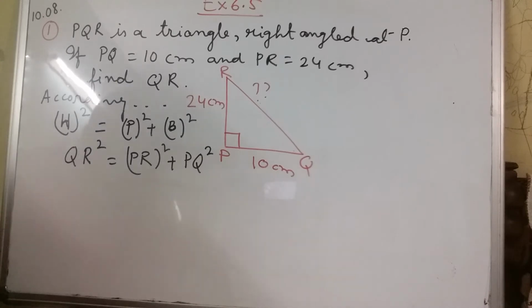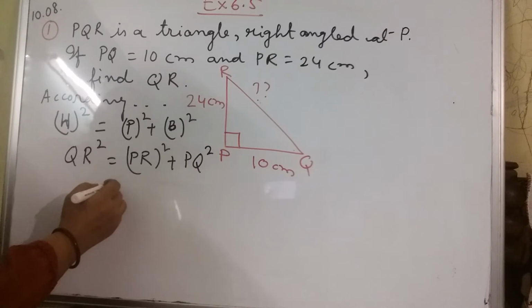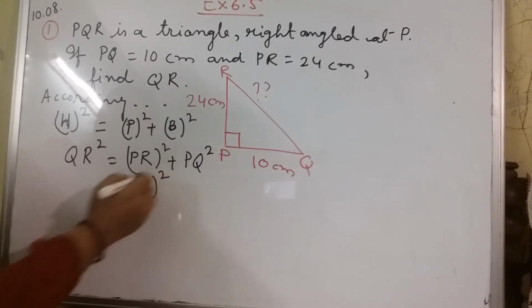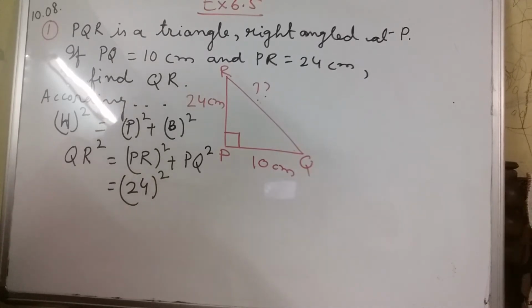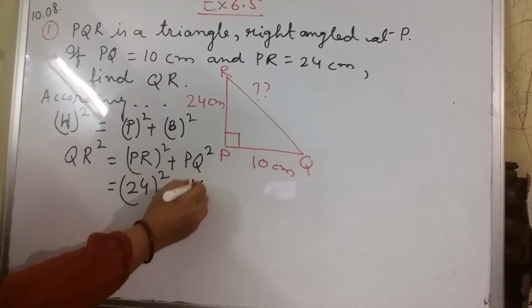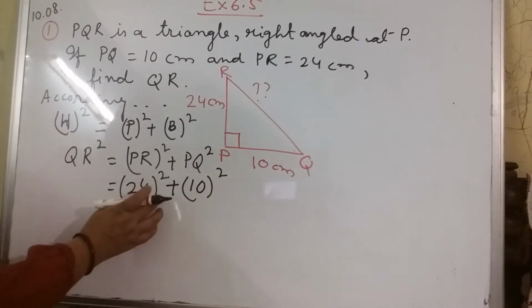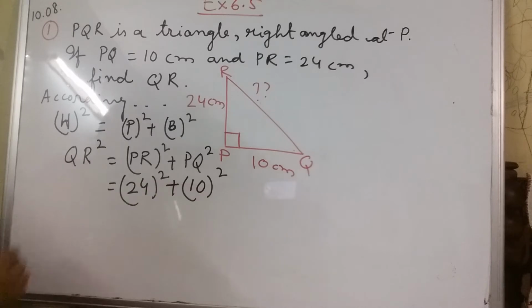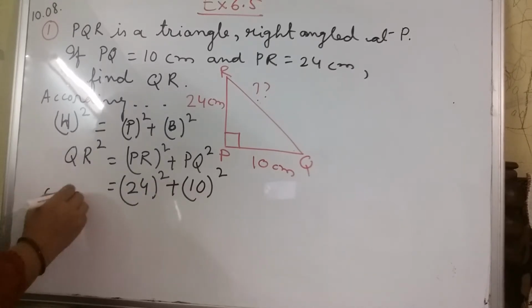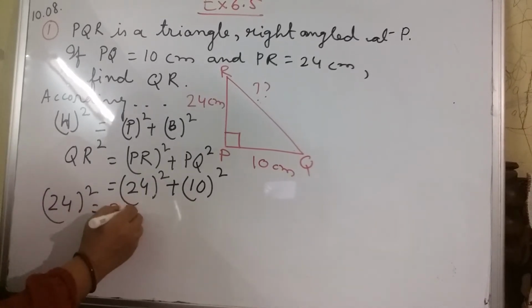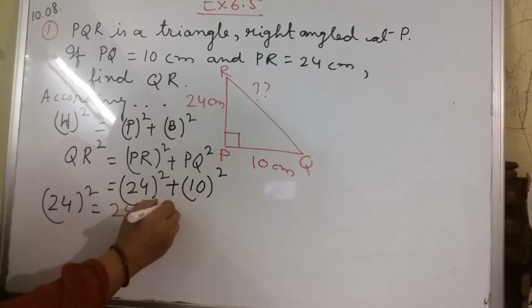Now PR square is what? PR is 24, so 24 square, and PQ is 10 centimeter, so 10 square. Now how to find out this square? 24 square equals 24 into 24.